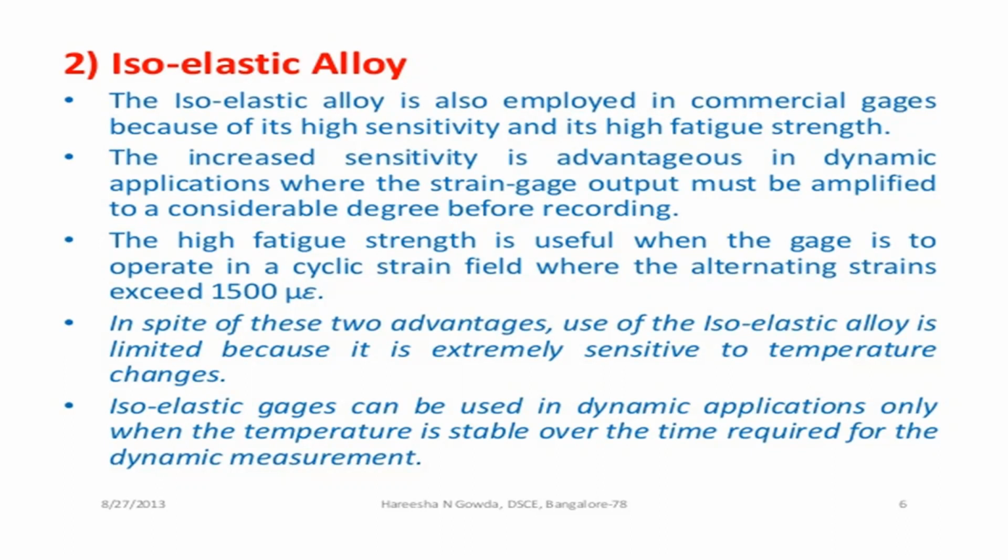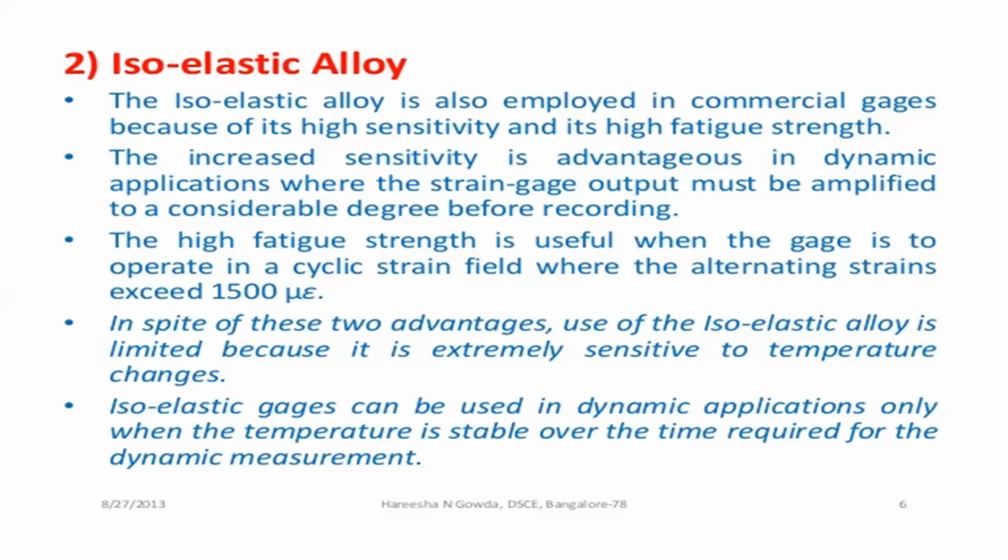The increased sensitivity is advantageous in dynamic applications where a strain gauge output must be amplified to a considerable degree before recording. So we can increase the sensitivity of the strain gauges. What is the advantage in dynamic applications? That means different strains are acting continuously, and the output of the strain gauge is to be calculated and noted very quickly and easily by using this type of alloys.